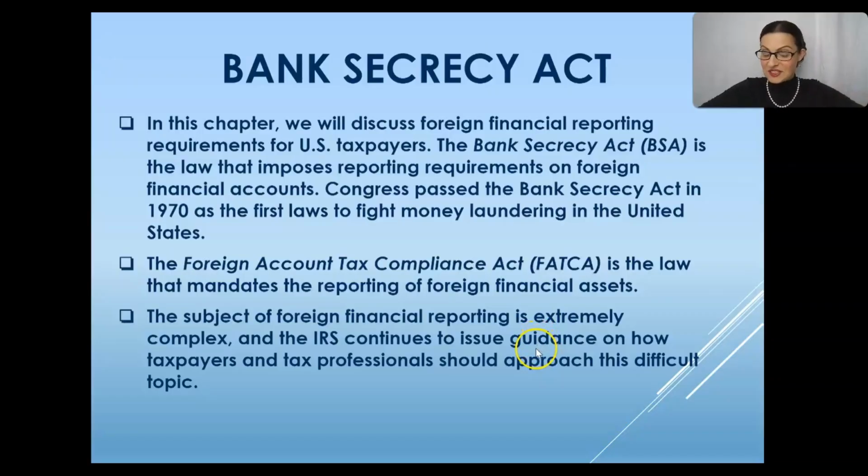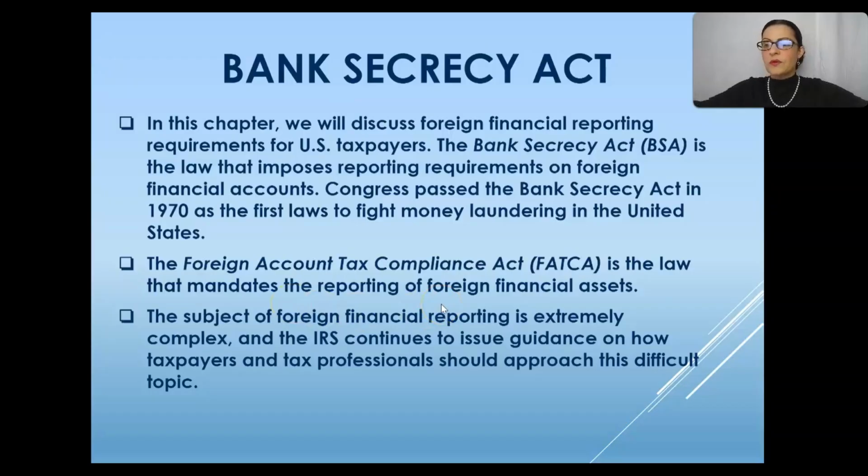Obviously, things have changed, but the rules in the Bank Secrecy Act have now been used by Congress in order to increase foreign financial reporting for taxpayers who are primarily living and working abroad or taxpayers who have assets and bank accounts overseas. The Foreign Account Tax Compliance Act, which is very frequently shortened to just FATCA, is the law that mandates the reporting of foreign financial assets.